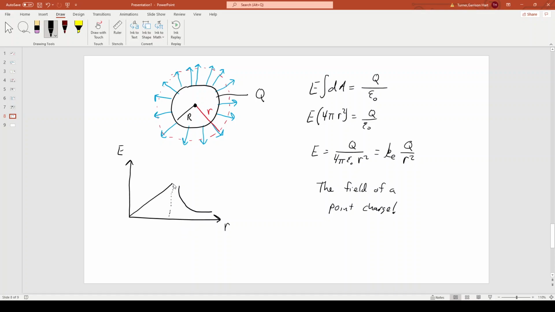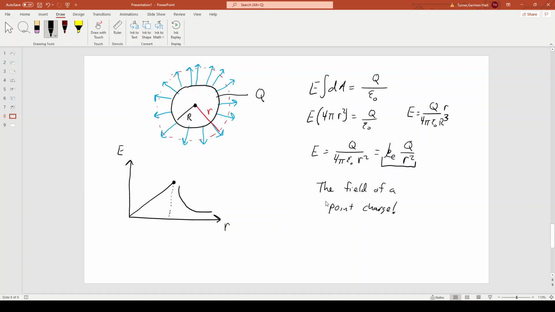So what happens right here at the boundary? Okay, well, ideally, this formula and this formula should match.